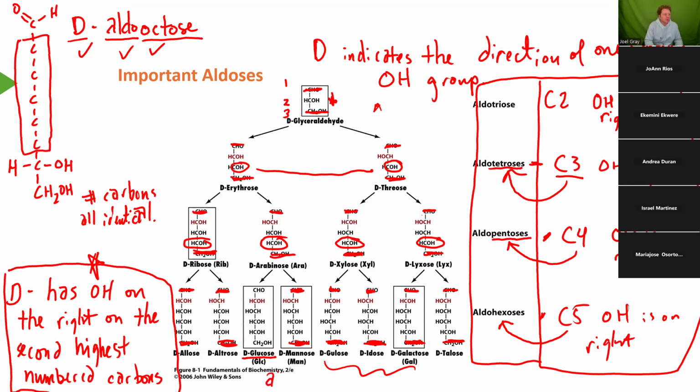D-glucose is an aldohexose. So that gives you that name aldohexose, that basically gives you what to draw for carbons number 1, 5, and 6. So if you know how to draw carbons 1, 5, and 6, which carbons do you need to remember?